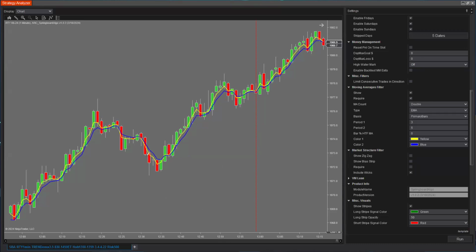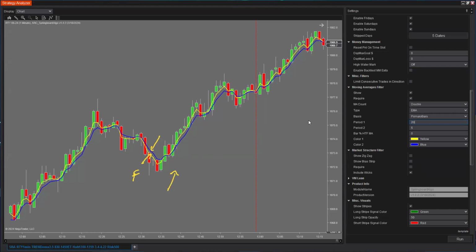So let's say your fast EMA here is below the slow, which it is, and you want to take long positions. How do you do that? Well, what you can do is tell the algo my period 1 is 20, my period 2 is 9, versus normally you would do 9 and 20, right? That's how you'd normally set it. You can sort of hack that to go 20 and go 9. Now what is happening is whenever the fast EMA is below the slow, it's going to look for longs instead of shorts.